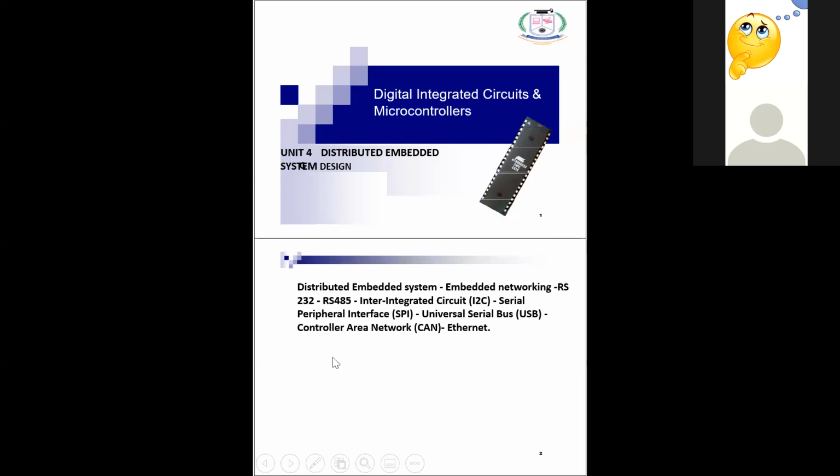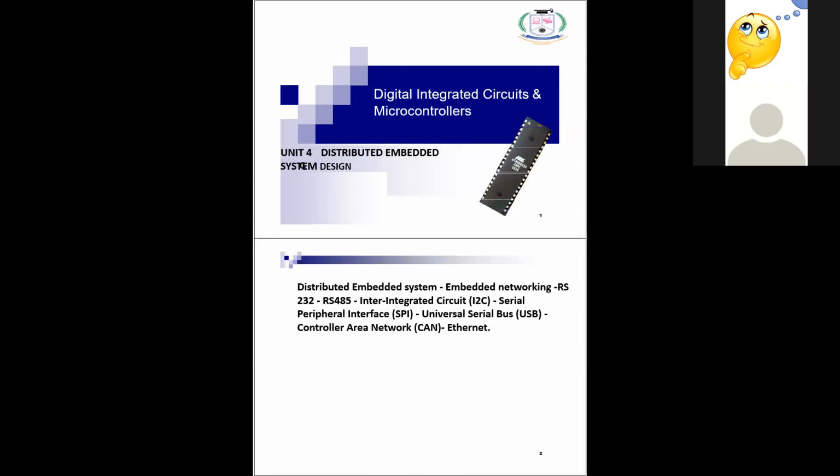actually, the unit 4. You have to understand that in the first 3 units we studied about the microcontrollers and others. In the next units 4 and 5 you are going to study about embedded system design and all. So this unit 4 is distributed embedded system design. I think this will be for your CAE2, and your quiz will be there.